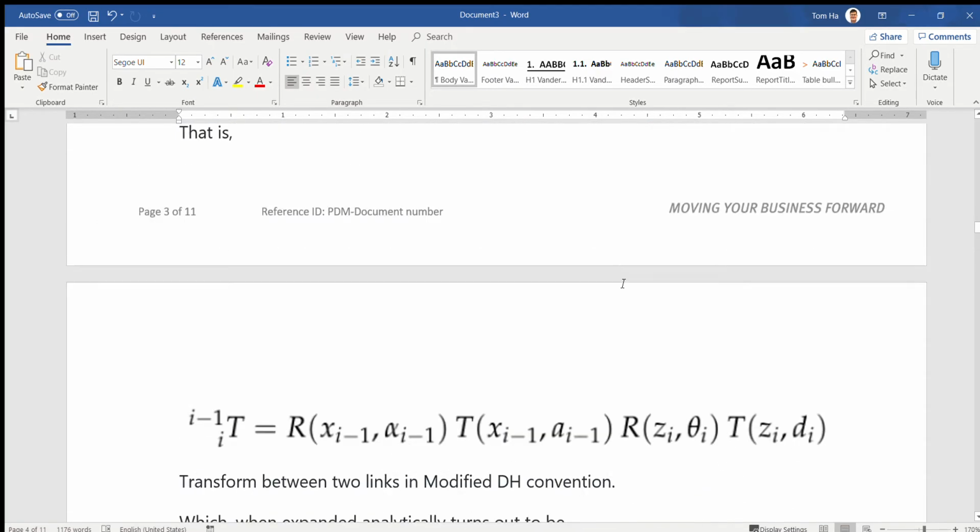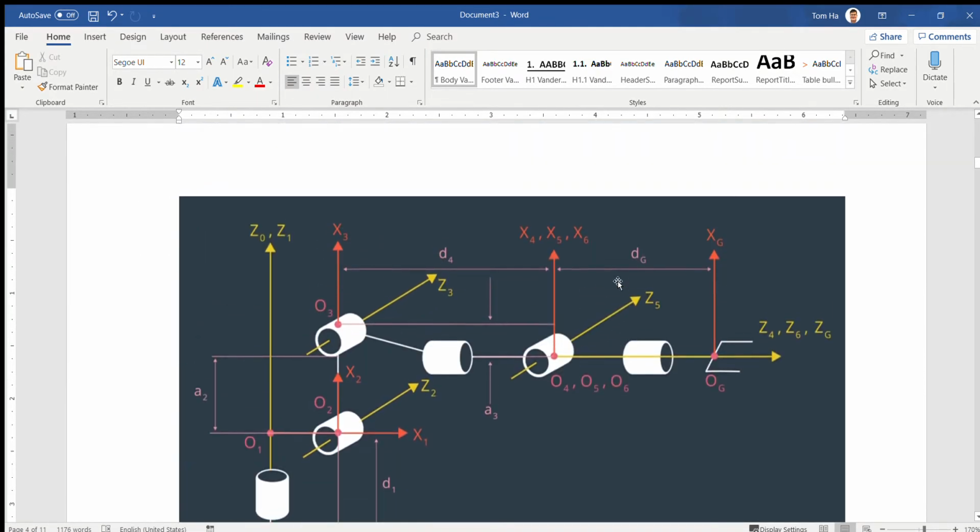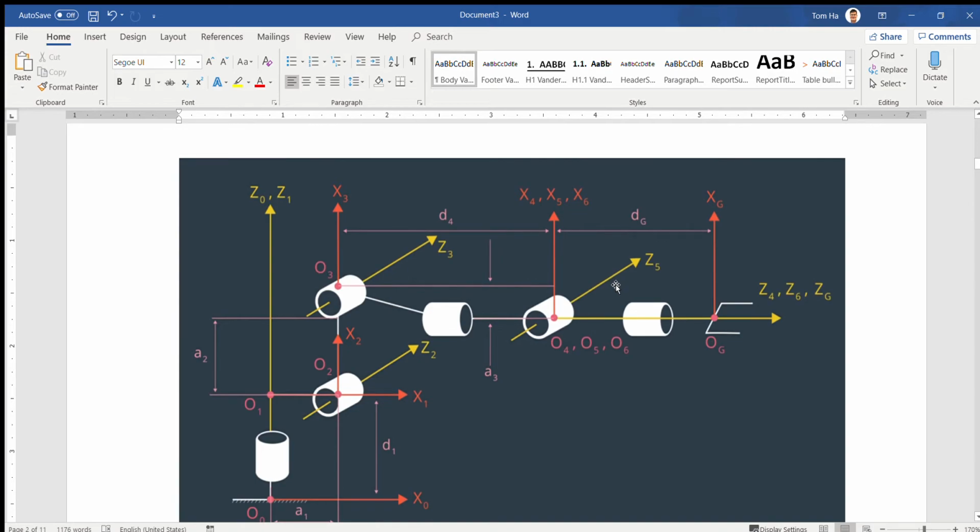So let's go back to the problem right here. For example, for the KUKA, you have the URDF or xacro file. They describe the arm, the distance between the axes, the length of the links. Okay, you already know.